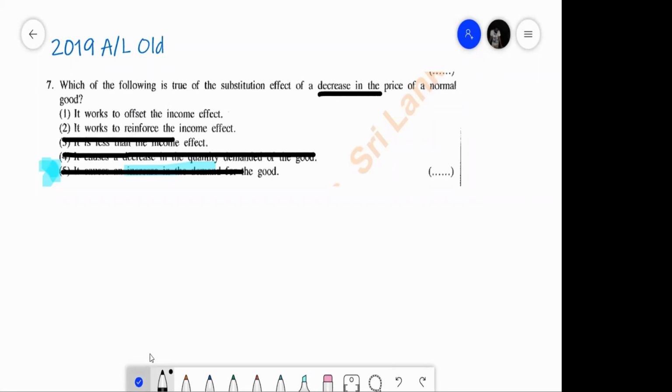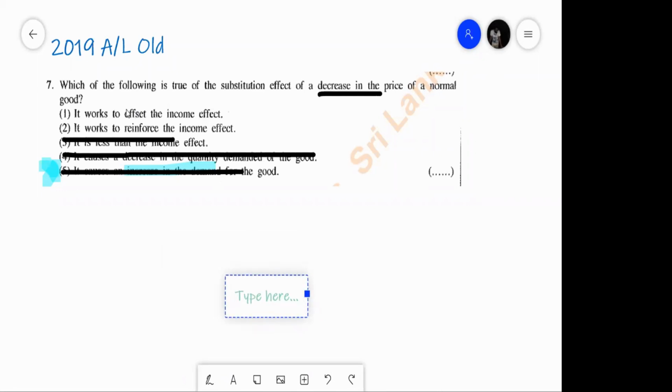Okay, I'll explain that again in case you are confused. So here they are saying which of the following is true of the substitution effect of a decrease in price. So offset means, right? So when the price decreases, according to the substitution effect, quantity demand should increase, right?